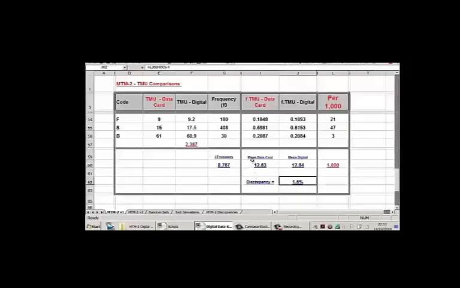The mean value for the data card TMU value is 12.63 TMUs, and for the digital value it is 12.84. This gives a discrepancy of 1.6%, which is fairly small. However, you will see the impact of that discrepancy when we come to see simulations.